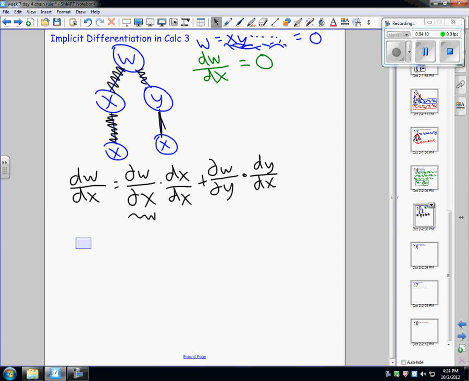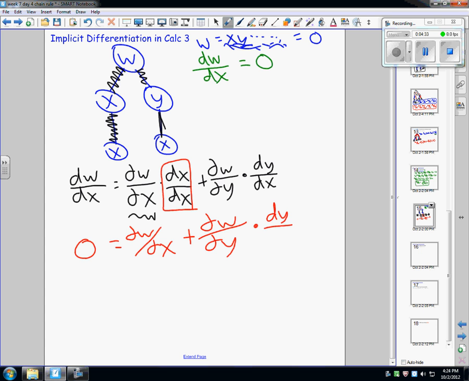I have 0 equals the partial of w, partial of x. What's dx dx? What is that? It's 1. Plus the partial of w over the partial of y times dy dx.